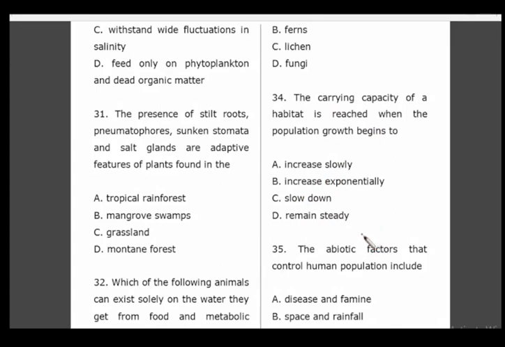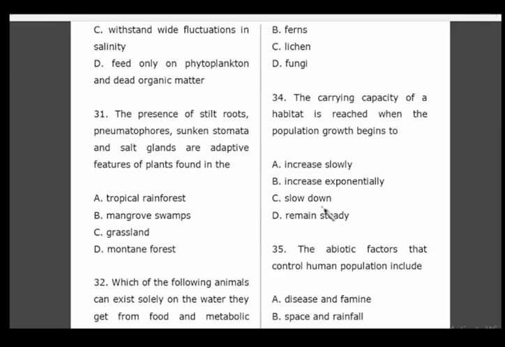When we look at this, we find that population growth will stop increasing as it reaches the maximum capacity of the environment, and the growth begins to slow down. Growth will no longer be as fast as it was before.